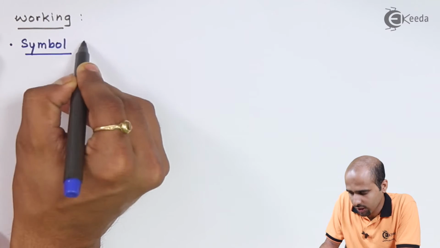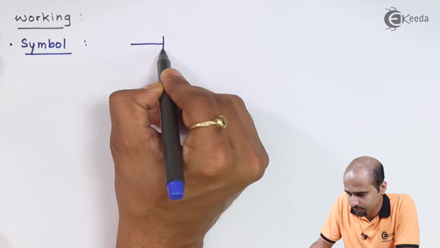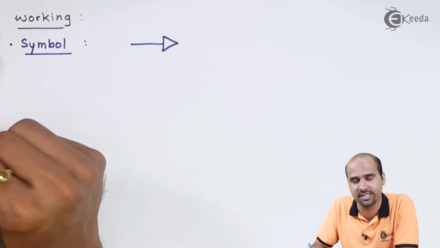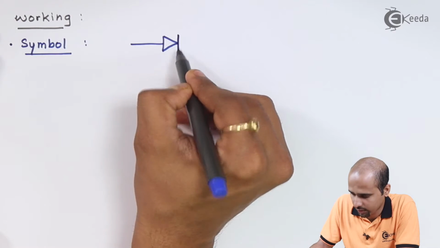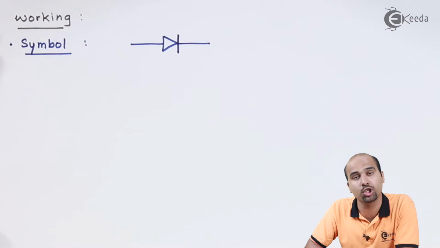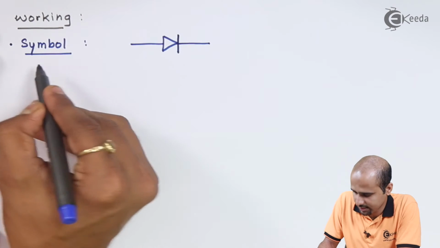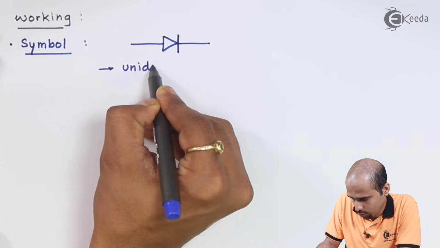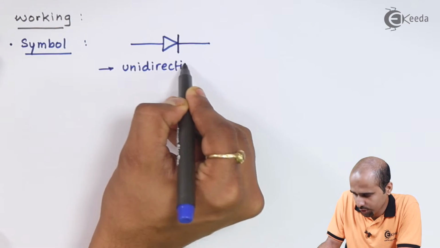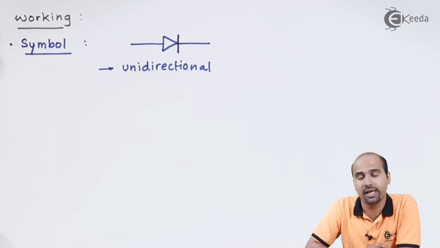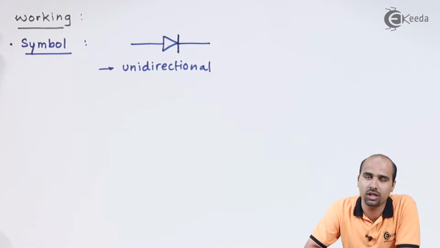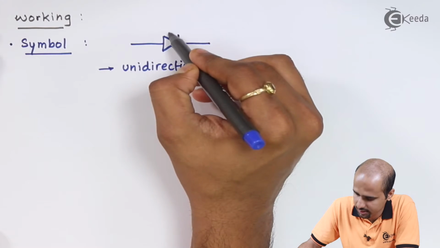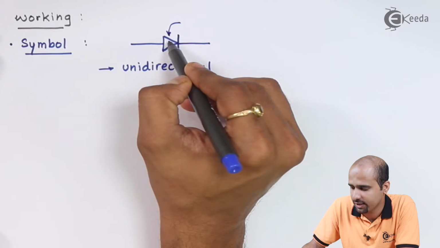The symbol of the diode is nothing but one arrow, that is a triangle, and one line, which shows that this diode is unidirectional. What do you mean by unidirectional? The flow of current is possible in only one direction, and this direction is decided by this arrow.